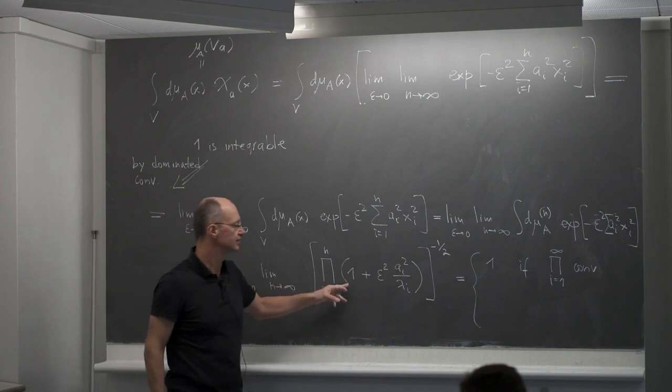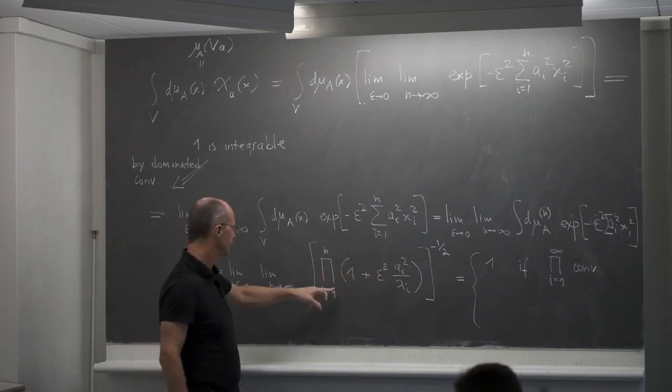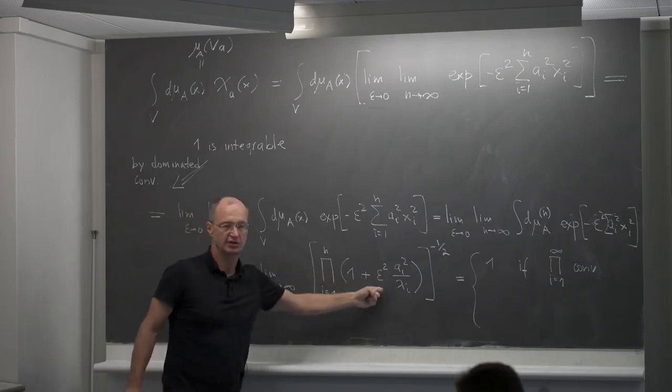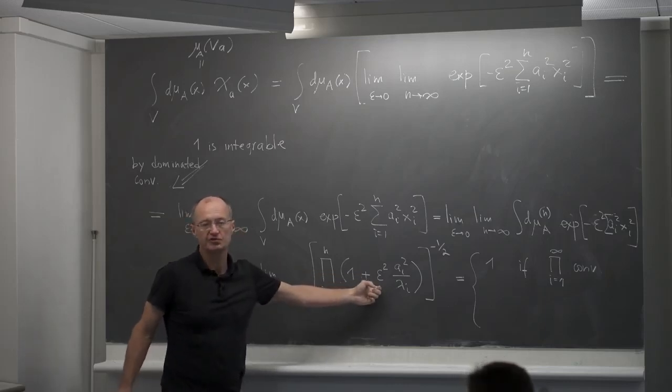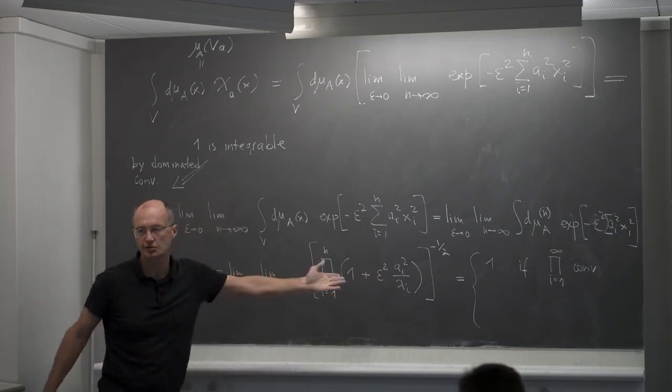Now, of course, if the infinite product diverges, then for any positive epsilon we get 0. And the limit when epsilon goes to 0 is 0.